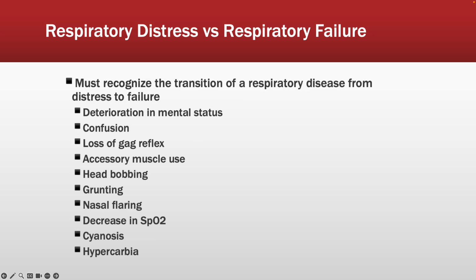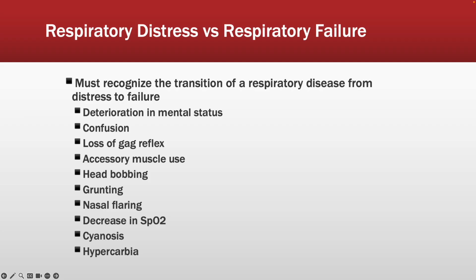We must be able to recognize the transition of a respiratory disease from distress to failure. You'll start having a marked deterioration of mental status. Before, with distress, you had anxiety and agitation. Now they're going to start being more confused. They may have a loss of gag reflex.